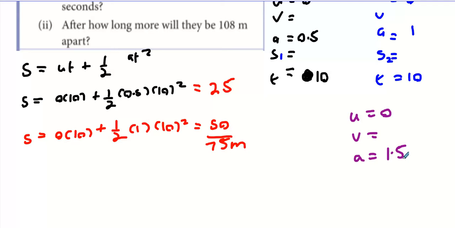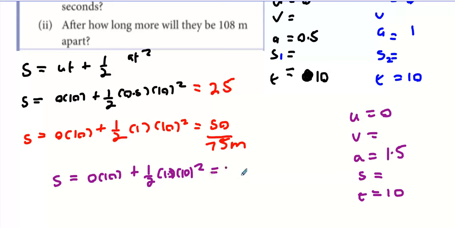If one of them's going right at 0.5 and the other one's going left at 1, we can just turn it into 1.5, and the t value is still 10. And instead you could have just done 0 times 10 plus a half 1.5 times 10 squared, which will get you your 75 meters directly. Is that what you're telling me?